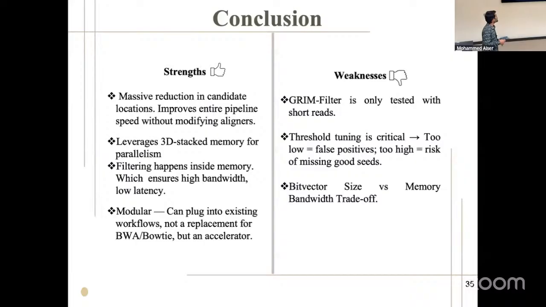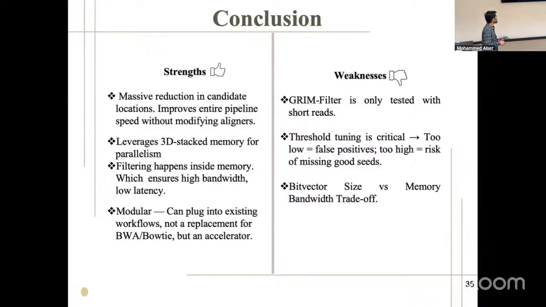Next, for the weaknesses of the GRIM filter, they have tested this filter only with short reads. There was no mention of long reads. What will happen with long reads? There will be a lot of computation and a lot of problems will arise there. And in the thresholding, if you set the threshold improperly, then you will get a lot of false negatives, which will again increase the computation.